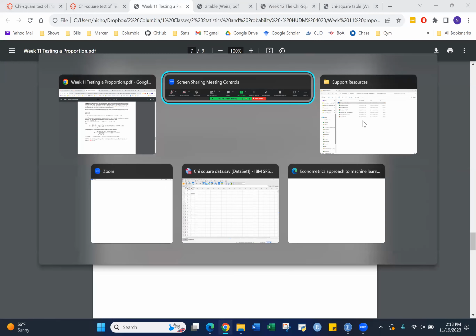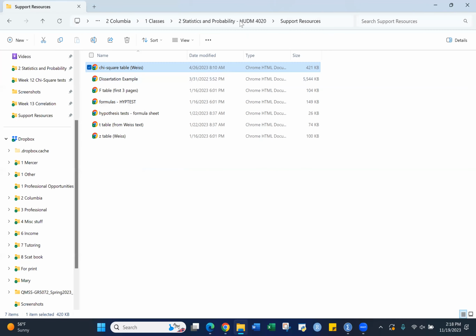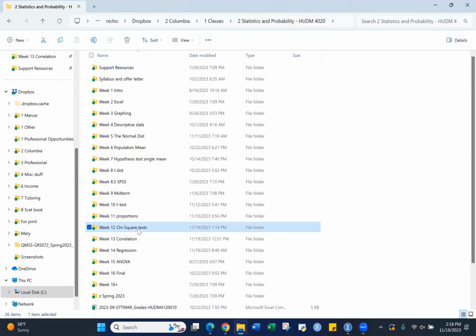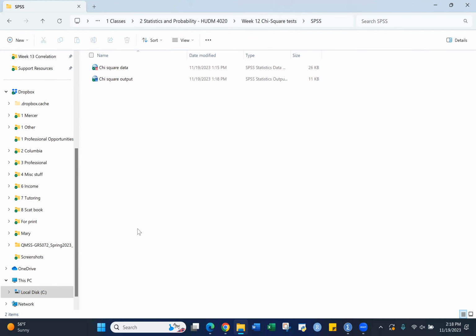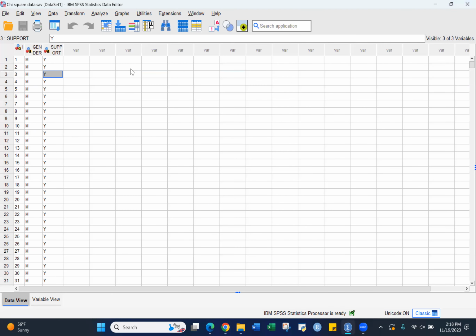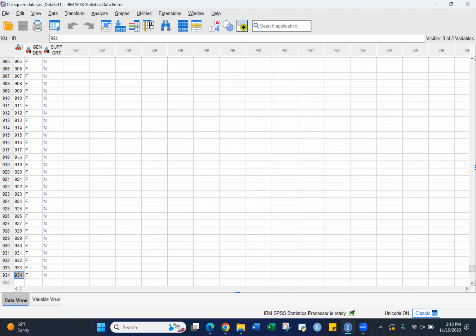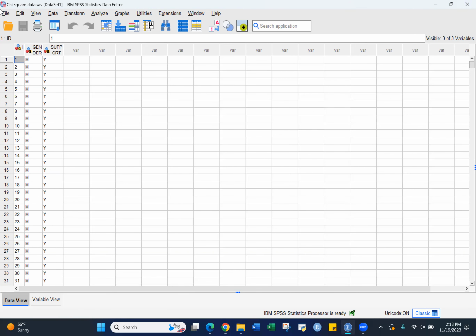How you open your data in SPSS is you navigate to it on your computer and you just double click it. And I already have it open. It's here. When you open that file, you're going to notice there are 934 people and there are 3 variables.